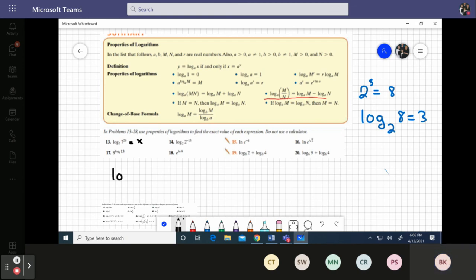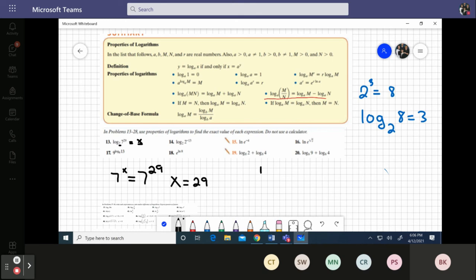So I'm going to say 7 to the x is equal to 7 to the 29, right? And that gives us that x is equal to 29.